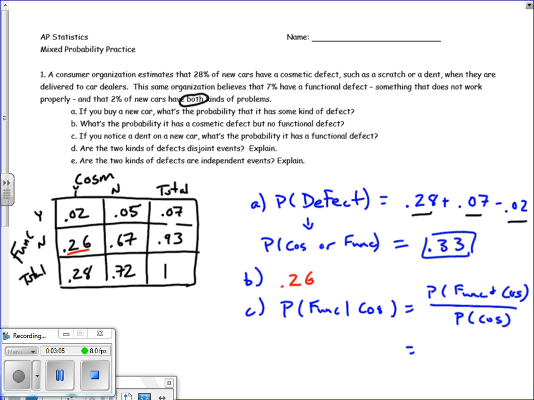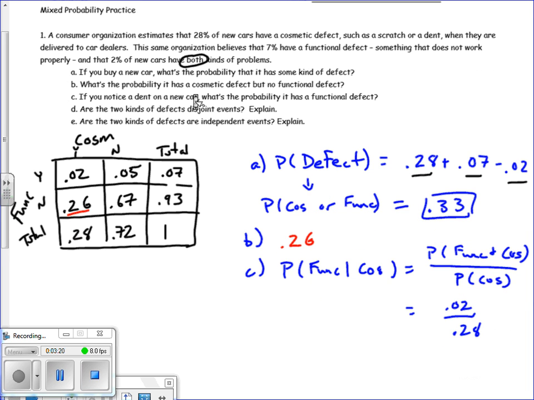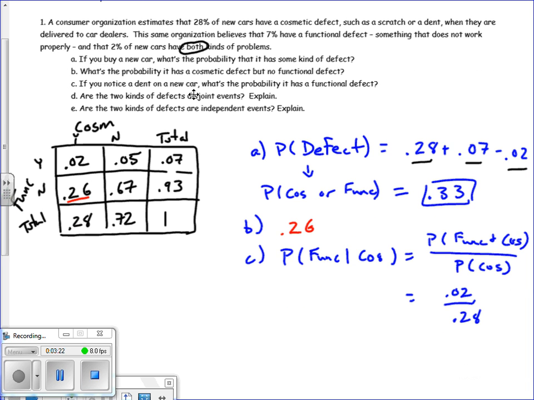And so functional and cosmetic, there were 2% of cars that had that. And out of the 28%, which are cosmetic, 0.02 divided by 0.28 equals, let me give myself a little bit more room. So that'd be 0.071.